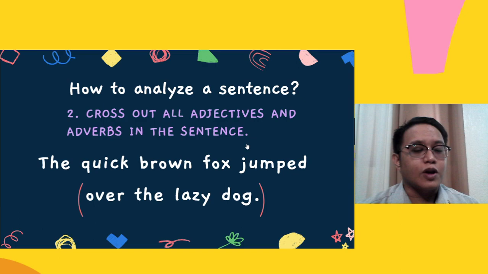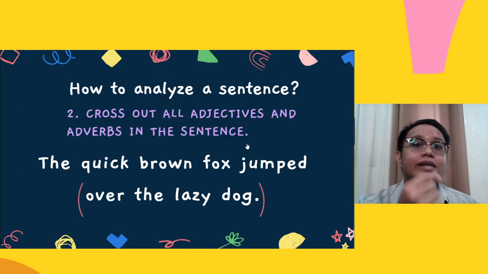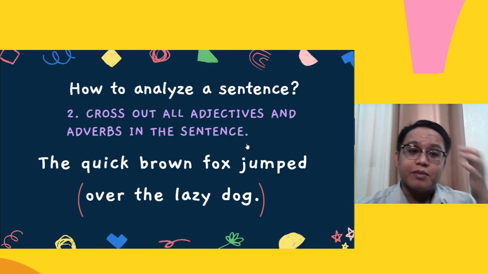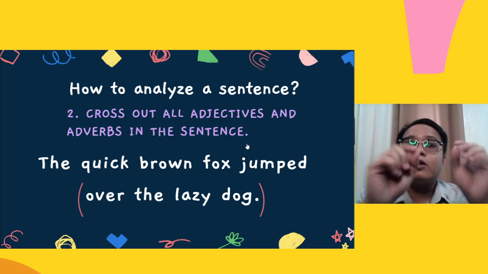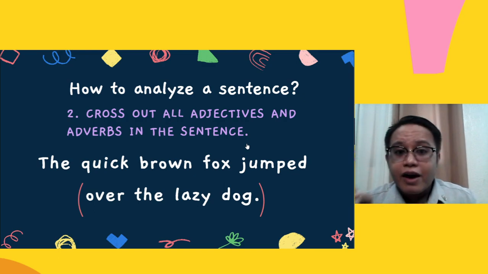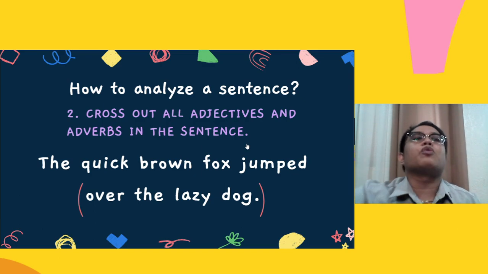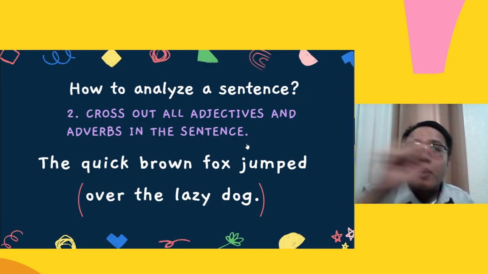Yes, very good. How about quick? Quick is an adjective describing fox. Quick fox. How about brown? Is brown an adjective? Very good. Brown fox. What kind of fox? Brown fox. So we cross out the, quick, and brown.